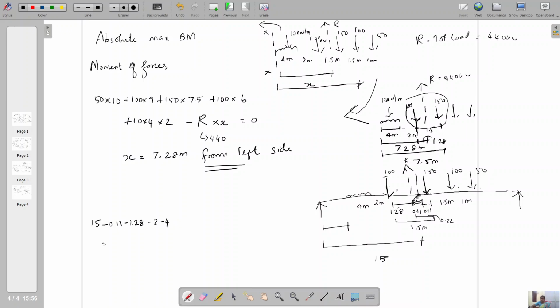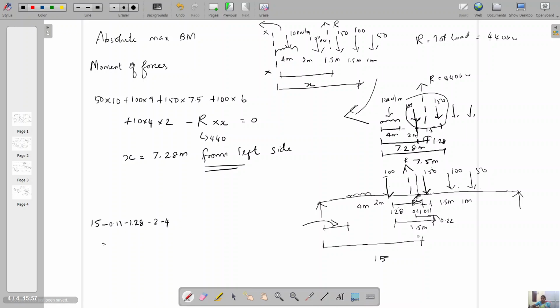From the 150 on the left side, the 100 kilonewton should be placed at a distance of 1.5, because the spacing between these two loads is 1.5. The left-out load is the UDL of 4 meter span, and the distance between is 2 meter. So I need this distance.